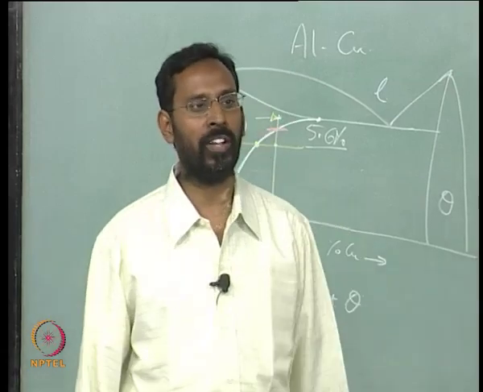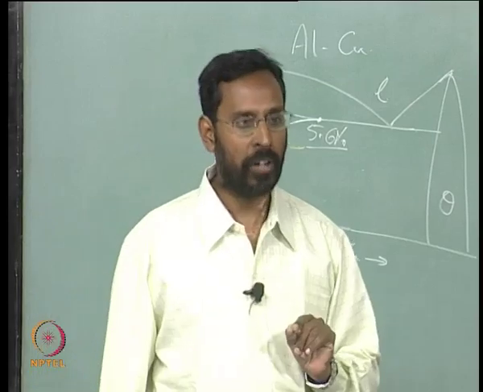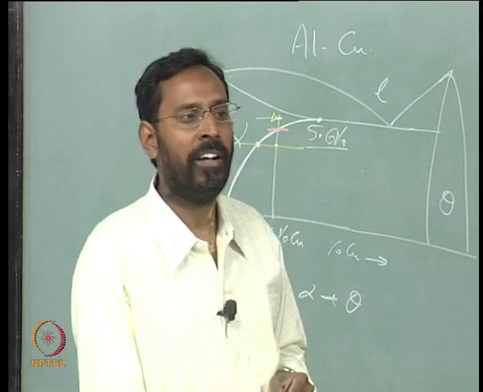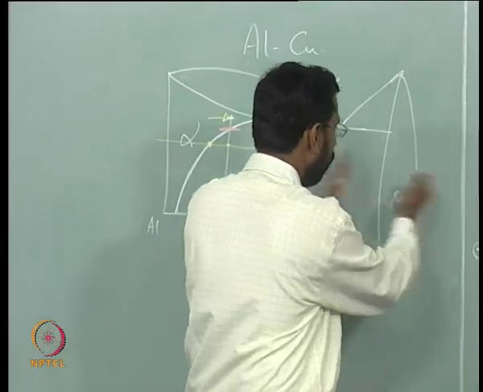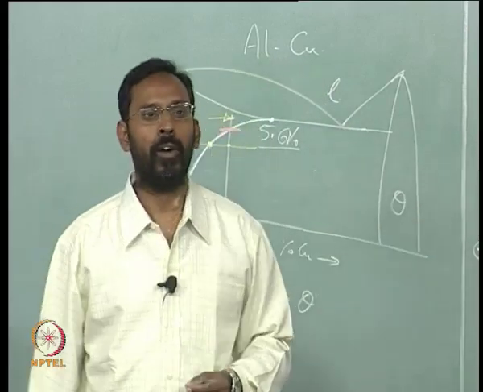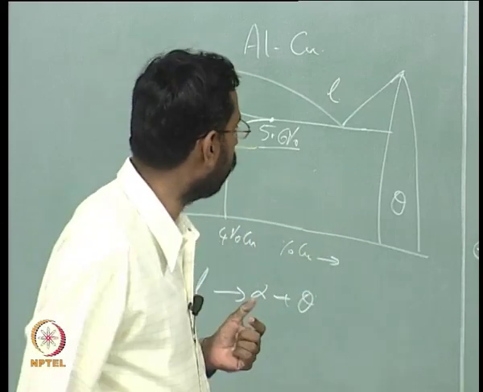Its composition is fixed, though it is not really a line compound, it has a very narrow composition range. I have just expanded it for the sake of easy understanding, otherwise it is possibly less than about 1%.